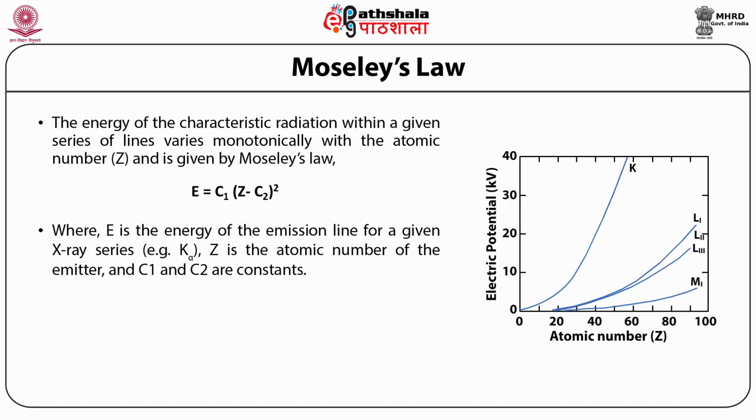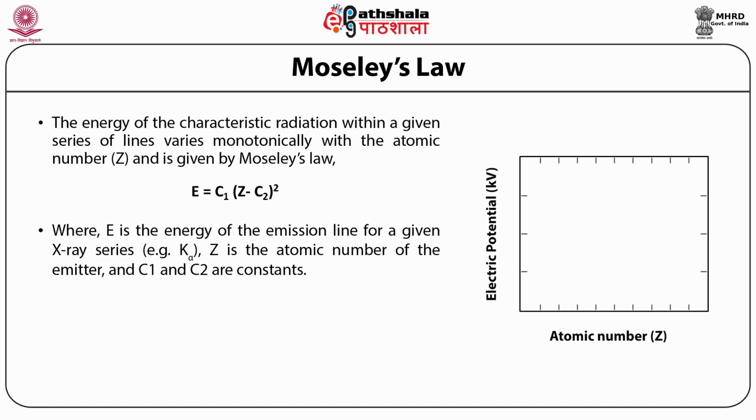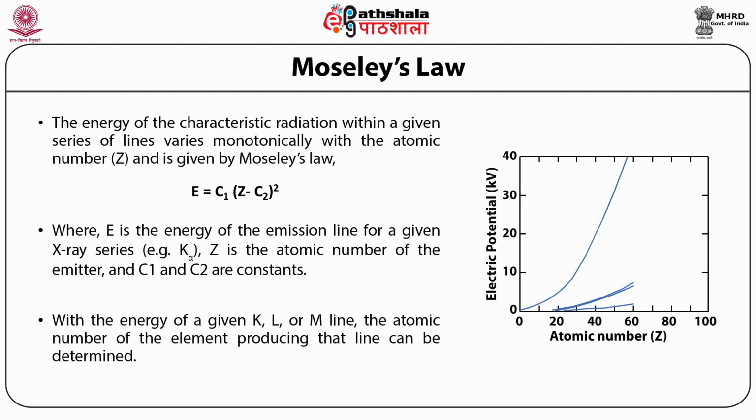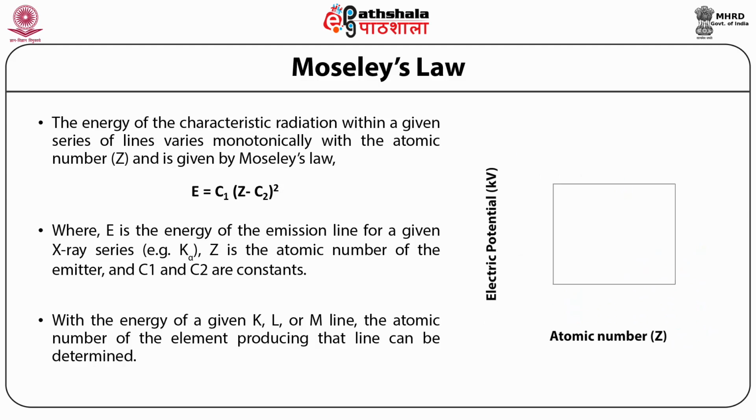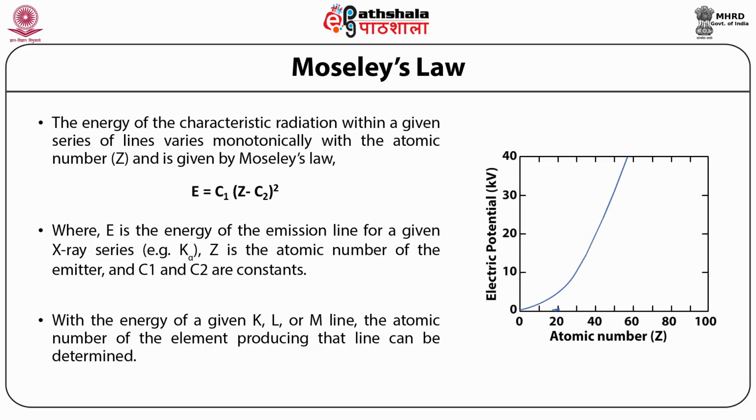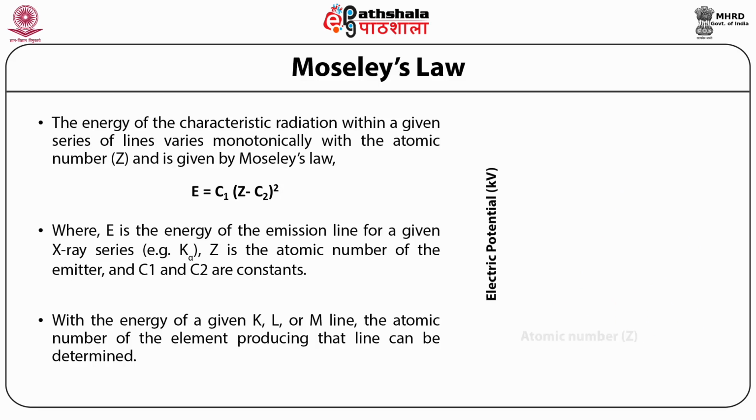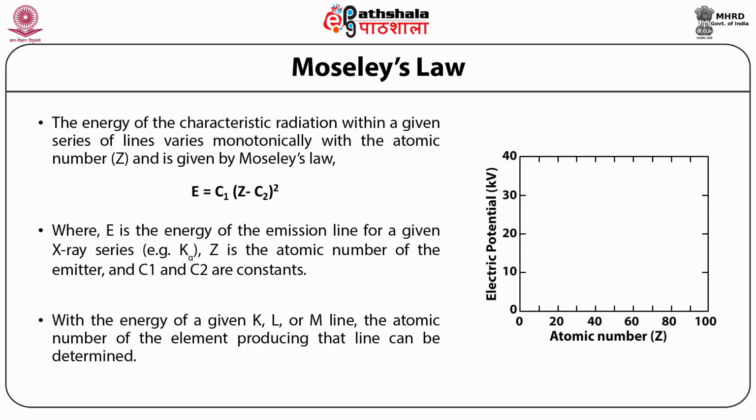Moseley's law is the basis for elemental analysis. With the energy of a given K, L or M line, the atomic number of the element producing that line can be determined. The X-rays of K, L and M series have increased energy values for higher atomic number elements as shown in figure 4.